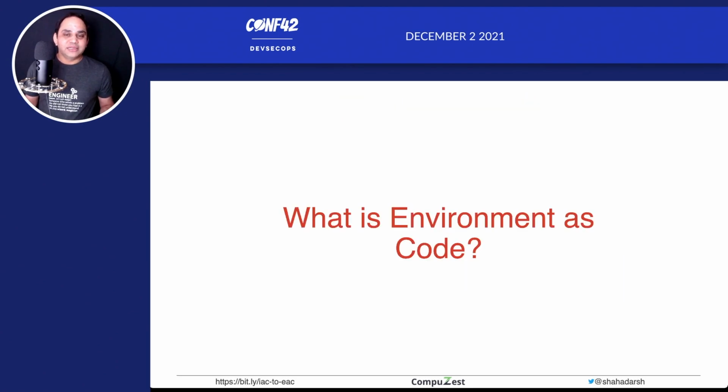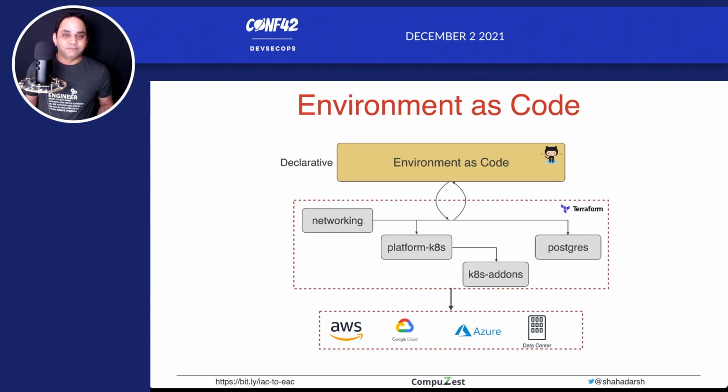Now that we understand the challenges scaling infrastructure as code, let's understand what environment as code is and how it helps resolve those challenges. We can start by looking at a high-level diagram of environment as code. So environment as code is an abstraction over infrastructure as code.